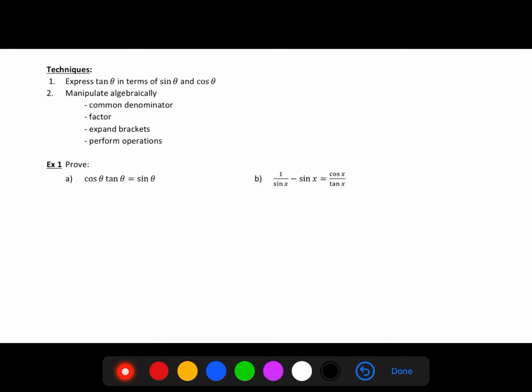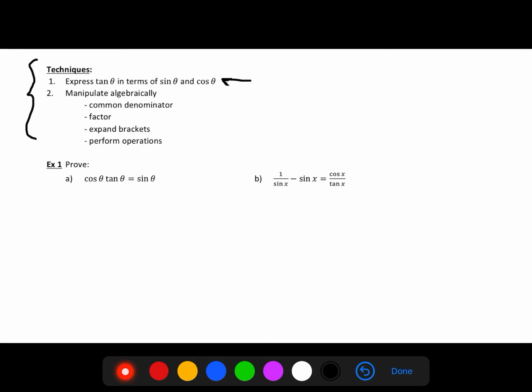So if we want to prove an identity, it means we want to take one side and show that it has to be equal to the other side. So we're going to take one side at a time and rearrange it, replace it with equal values or equal expressions to prove that they're equal. Following these techniques is going to help us. The first thing we're going to do is simplify anything that has a tan theta.